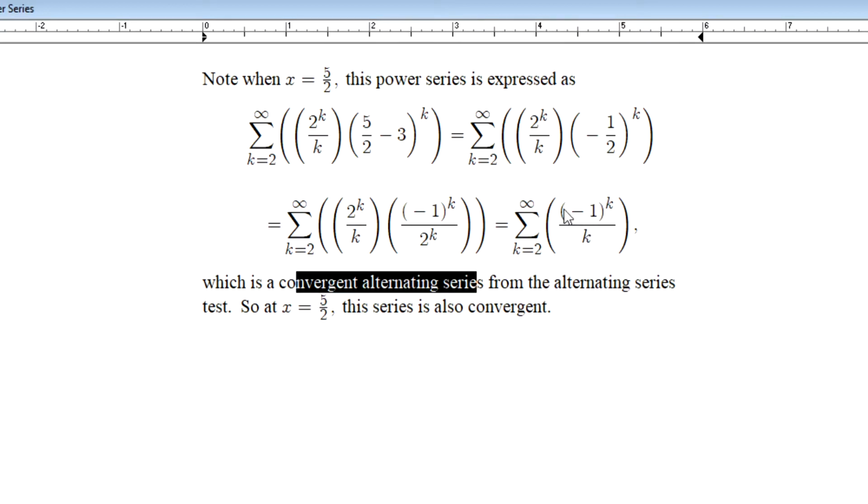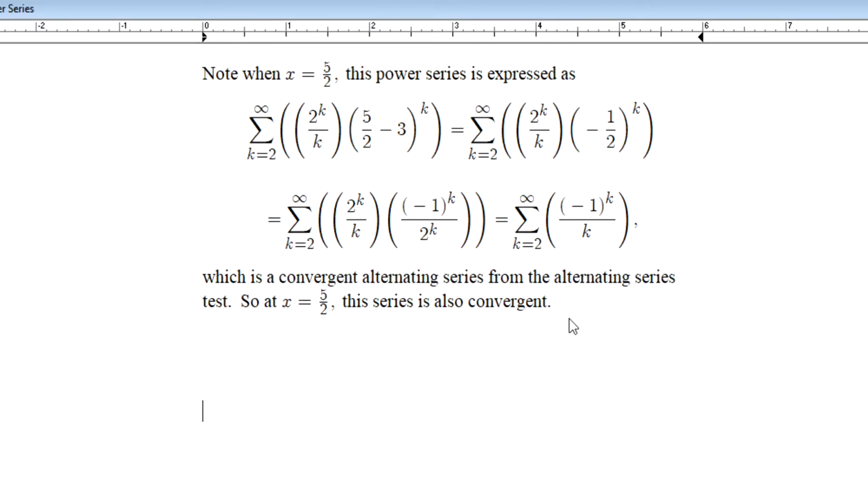If we were to take the limit as k goes to infinity of 1 over k, that would equal 0 in value, and that is the result that confirms convergence in an alternating series. So at x equal to 5 halves, that boundary, the series is also convergent, and we're going to have to note that in our final interval.